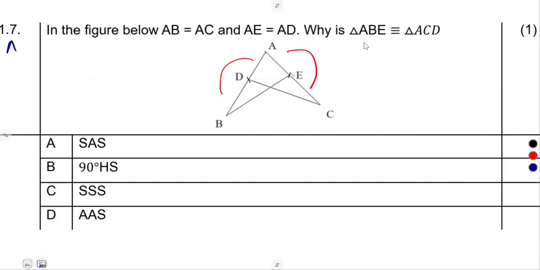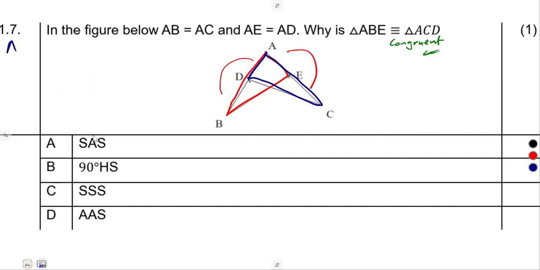Why are these two triangles, ABE, and ACD, why are they equal? I mean, equal in terms of being congruent. Why are they congruent? That is exactly the same.